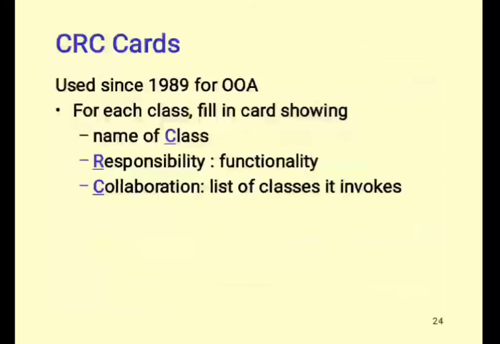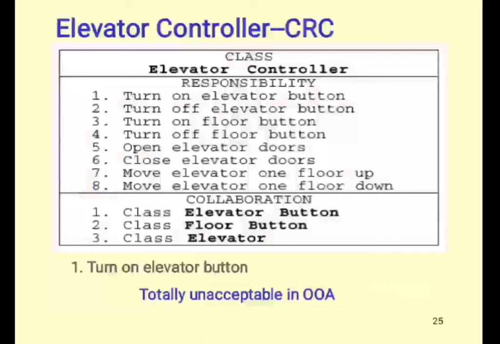There is a CRC card which was introduced in 1989 for object-oriented analysis, in which C stands for the name of the class, R is the responsibility of that particular functionality, whereas collaboration is nothing but the list of classes which are invoked. Invoke means called.